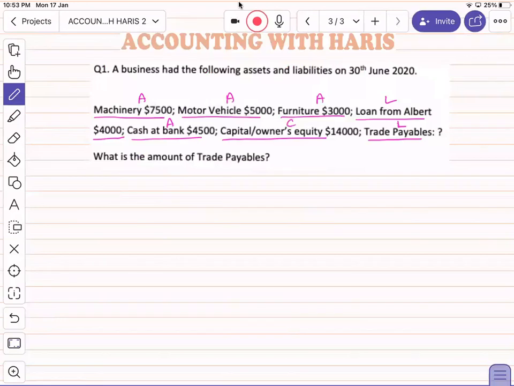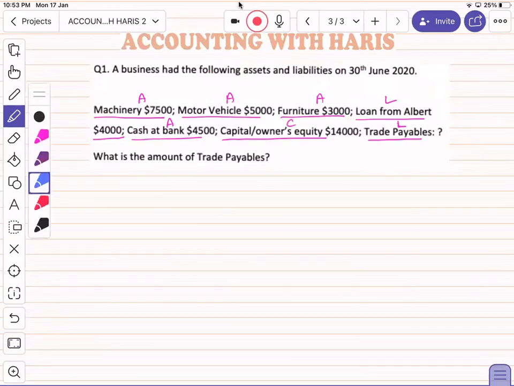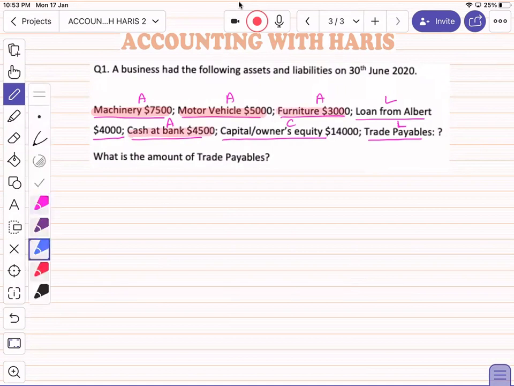So can I say if I add machinery, motor vehicle, furniture, and cash at bank, whatever I'm highlighting in red, then I will get the total amount of our assets. So we can add all of these amounts to get total assets.